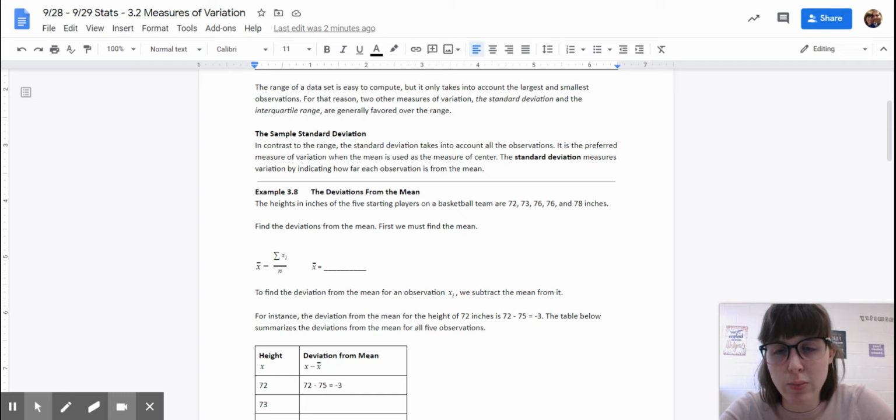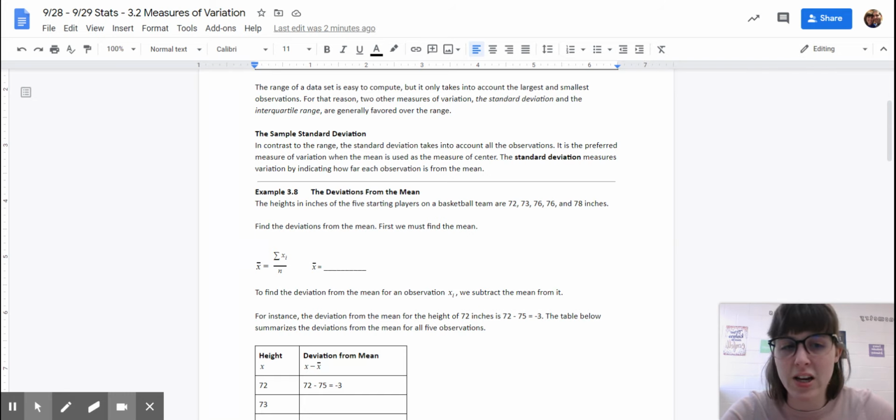So the sample standard deviation. In contrast to the range, the standard deviation takes into account all the observations. It is the preferred measure of variation when the mean is used as the measure of center. The standard deviation measures variation by indicating how far each observation is from the mean.